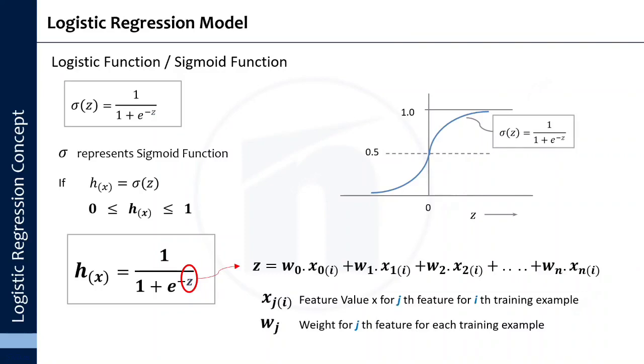So what are these x0, x1, x2, xn? These are all features. Here we have two subscripts for x, that is j and i. So x_ji means the feature value of x for the jth feature and for the ith training example. And wj is the weight for the jth feature.